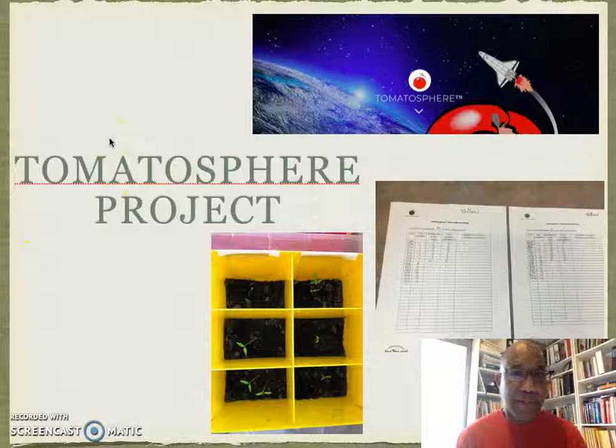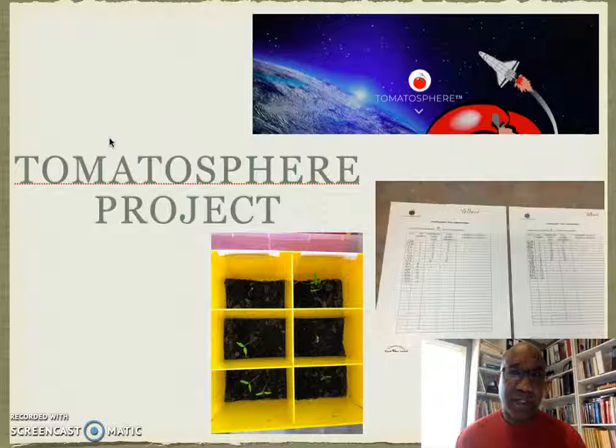And still another activity that we're doing, actually we're currently working on this one, is called Tomatosphere. Students were given two sets of seeds, and one set of seeds spent some time in the International Space Station, and the other set's just a regular set of seeds.